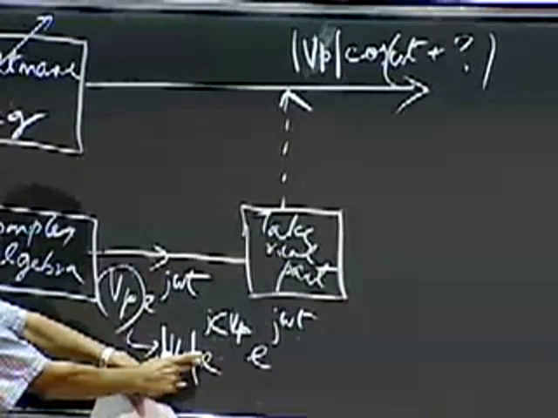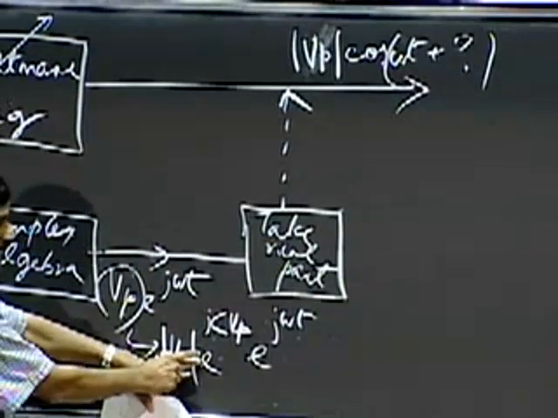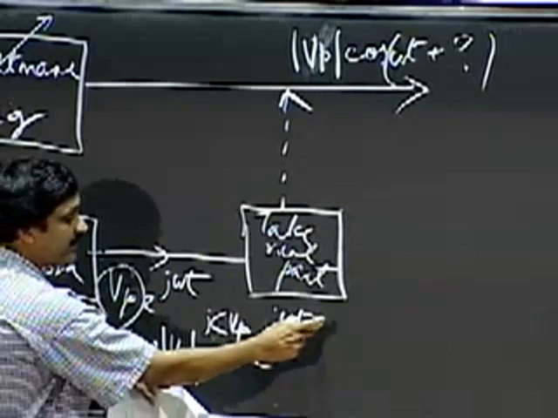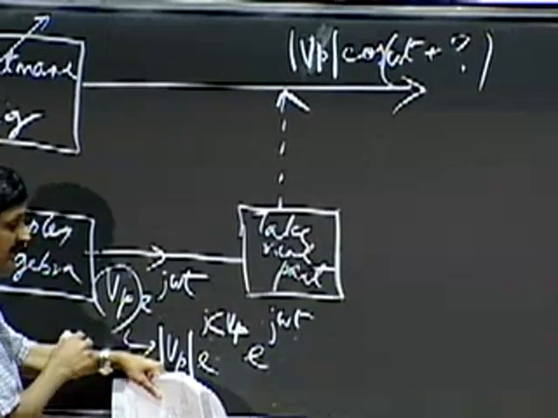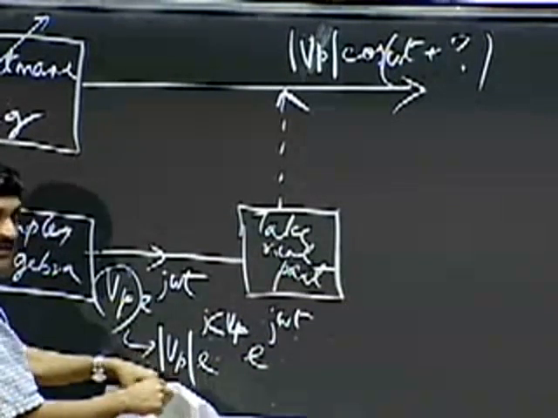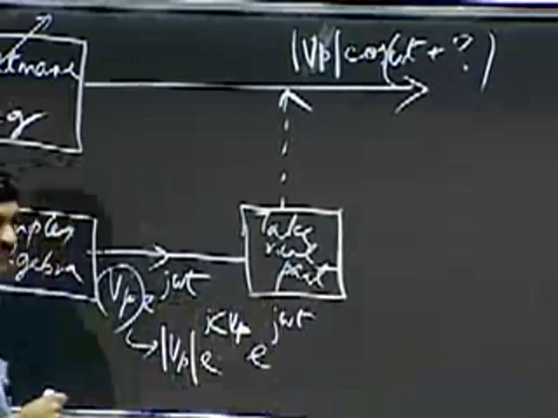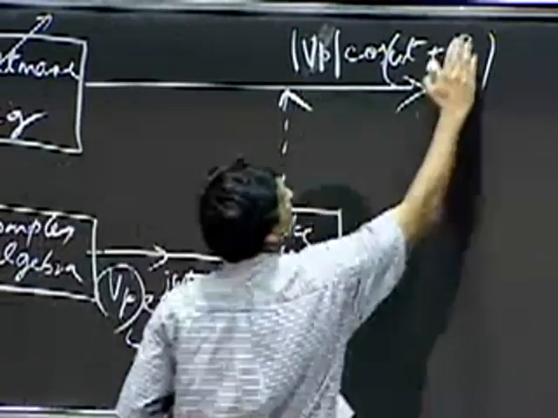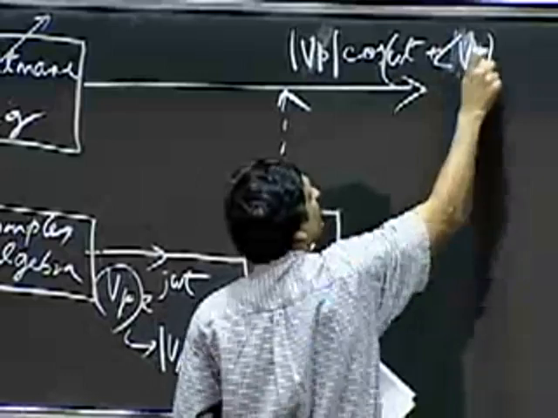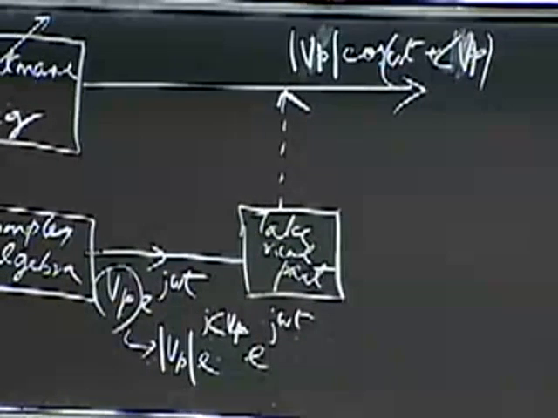So it's |Vp| amplitude times e raised to j omega t plus j angle Vp. And the real part of that is simply |Vp| cosine of that stuff. Okay? So what I end up getting here is |Vp| cosine omega t plus angle Vp.